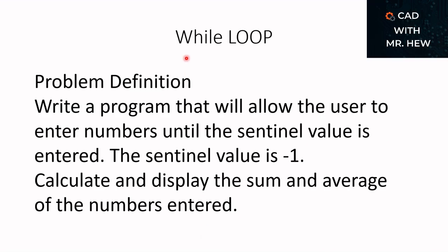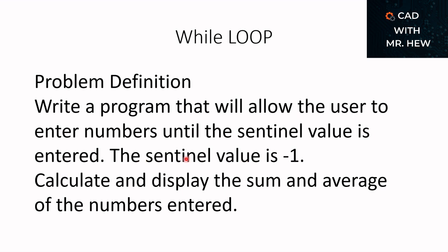So in today's video, we looked at the while loop, and the flow chart and the pseudocode that we did in the previous slide were for this problem definition, where we were required to write a program that would allow the user to enter a number or set of numbers until the sentinel value was entered.